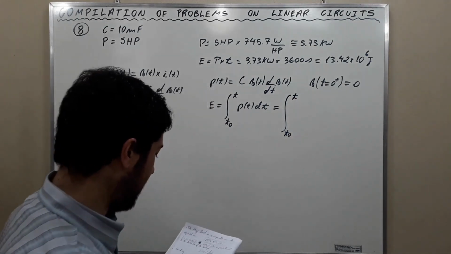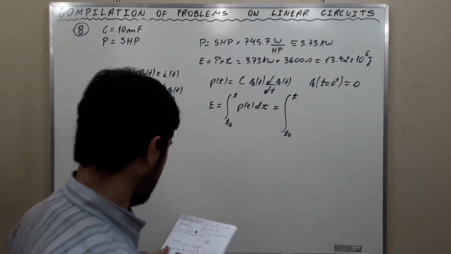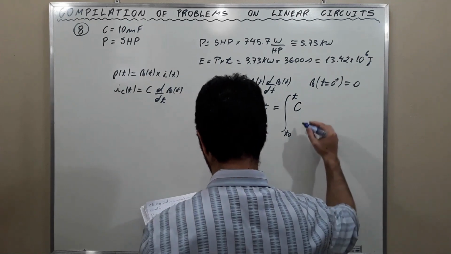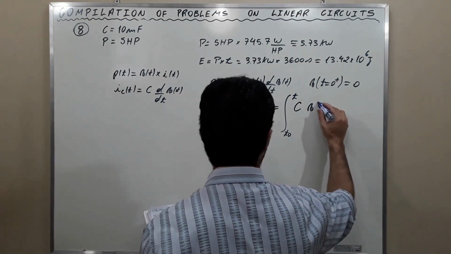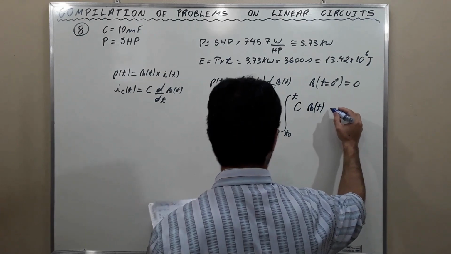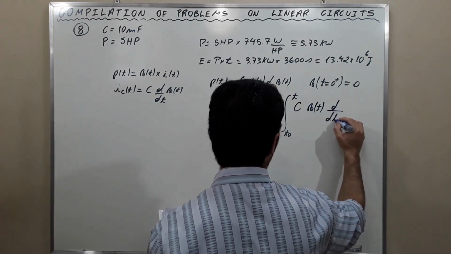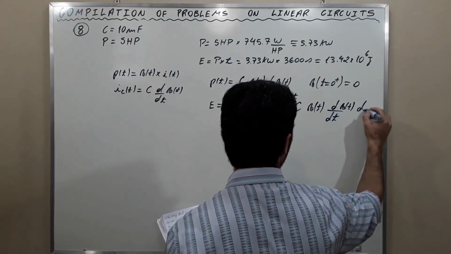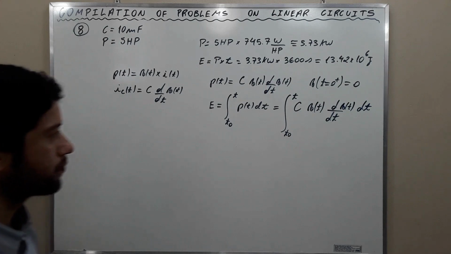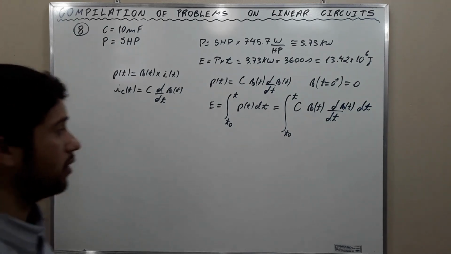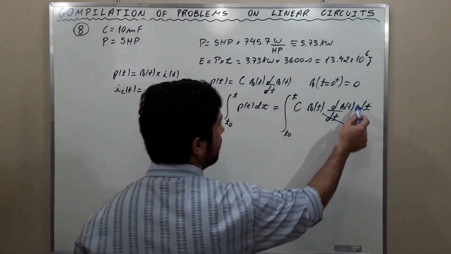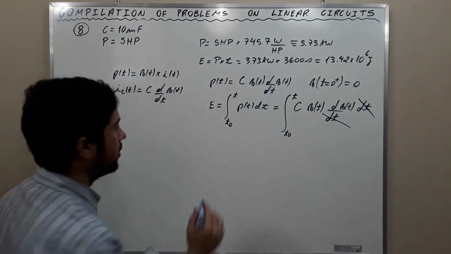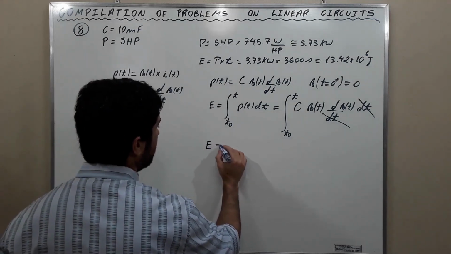For us here, power is equal to C V of t, the derivative with respect to time of the voltage, dt. We can confidently cancel this out and express energy in this manner here.